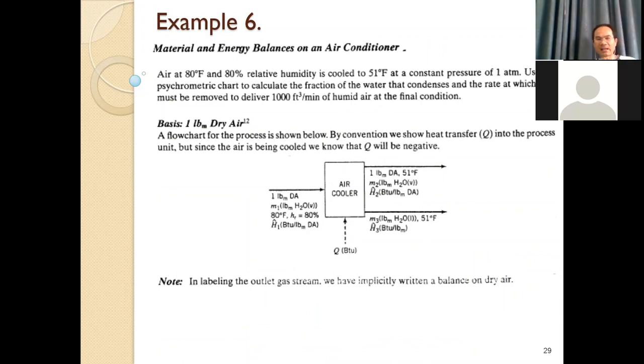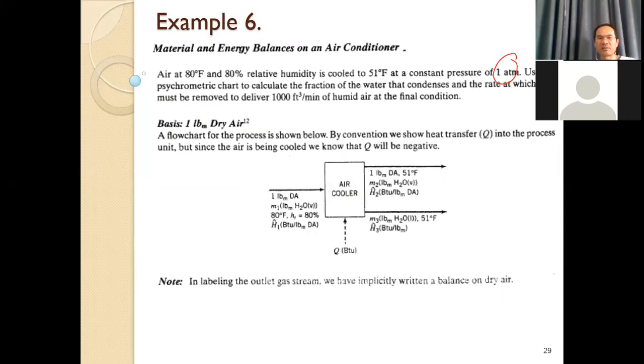Okay, the air at 80% relative humidity and 80 Fahrenheit is cooled to 51 Fahrenheit by the cooling system. For this case, we will apply the psychrometric chart to calculate the fraction of water that condenses, that might form from the water vapor. Some part of the water vapor condenses to the liquid phase.